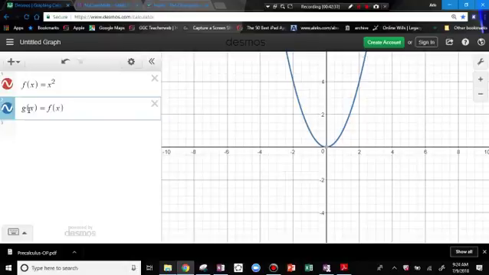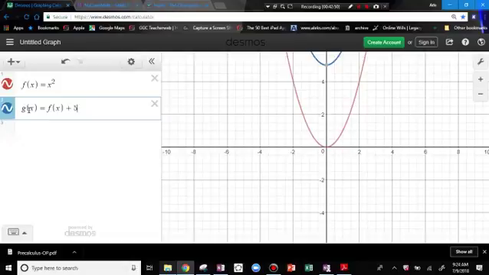If I add a 5, what's going to happen? You go 5 up. Why is that? Because when I draw the graph of f, f of x represents the y coordinate, right?